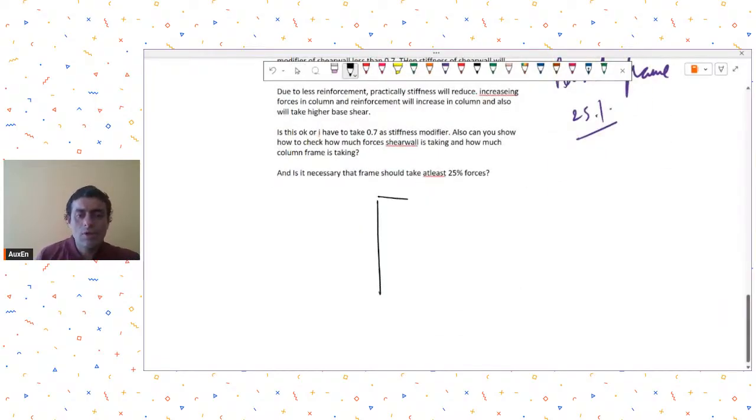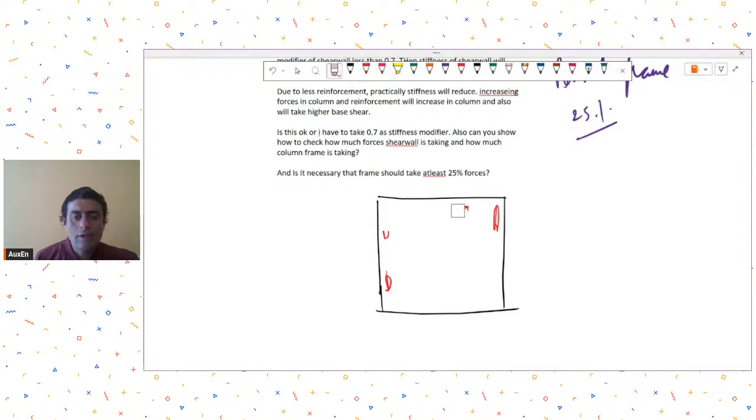The code wants that 25% of the earthquake forces or the earthquake effects, it does not write base shear. As far as I remember, code does not write base shears. It writes 25% of the earthquake effects should be taken by your perimeter frame. And there are two effects.